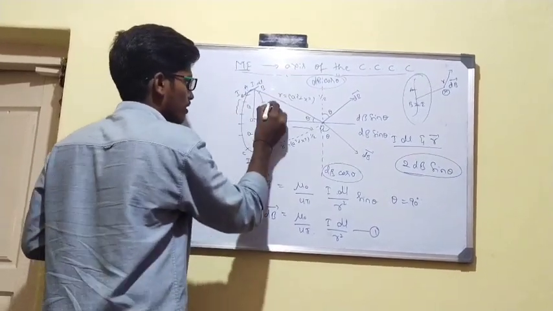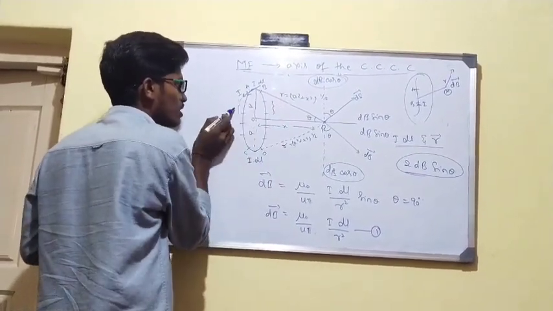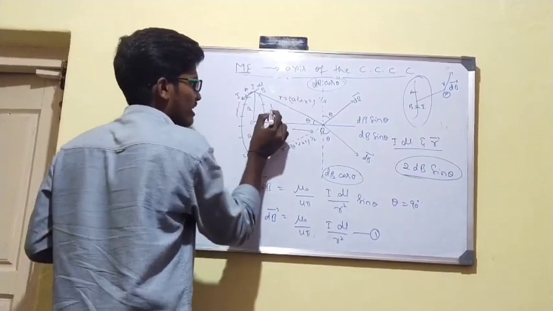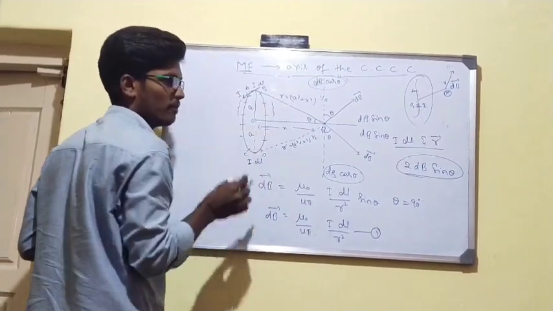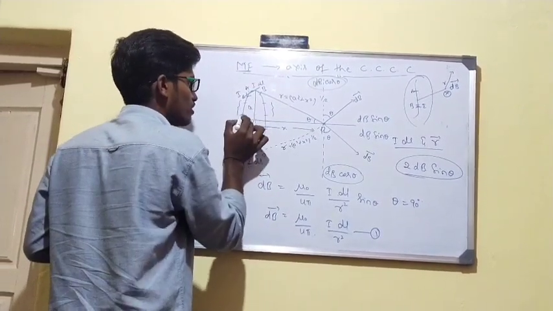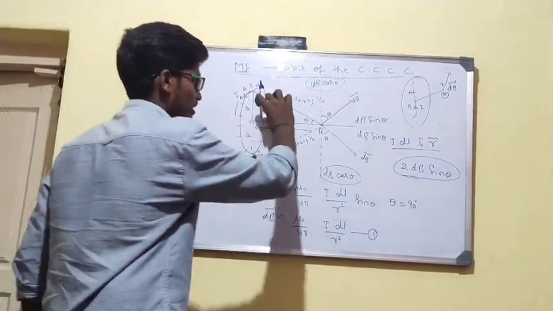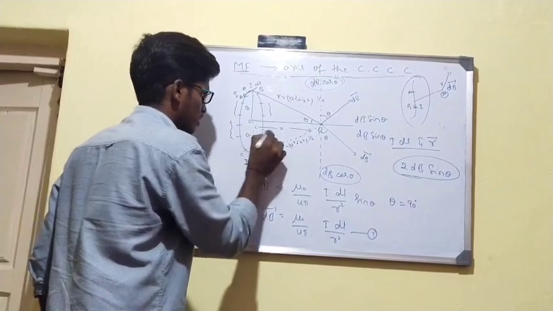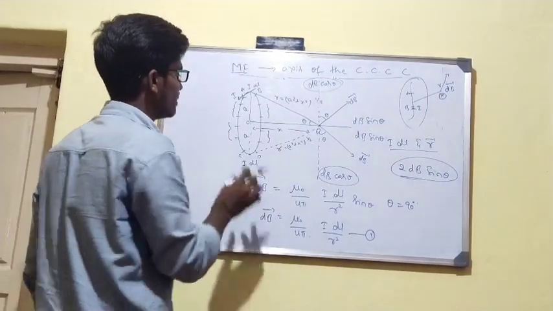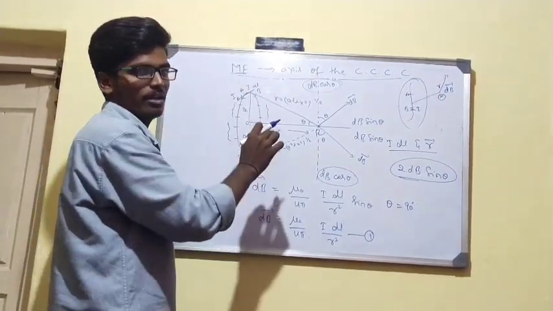For this dl, the dB cos theta is cancelled out by the dB cos theta of the opposite element. But the dB sin theta because of this current element is added to the dB sin theta of that element. A similar thing applies to every dl component.